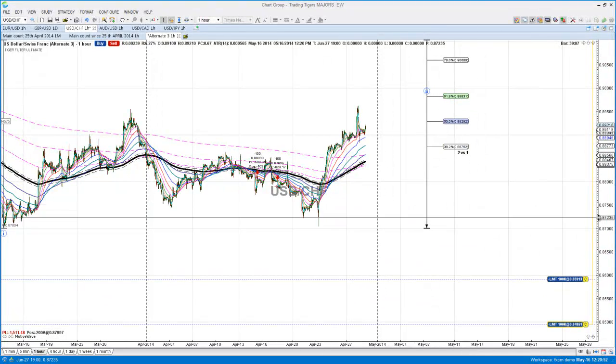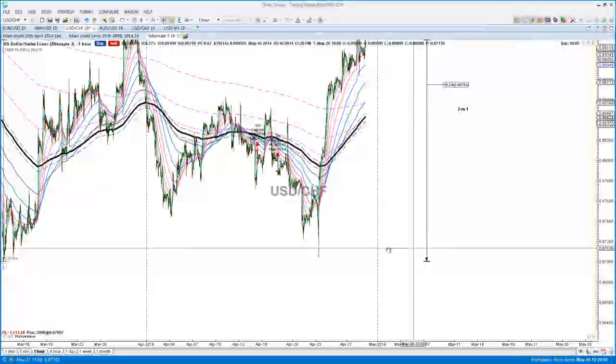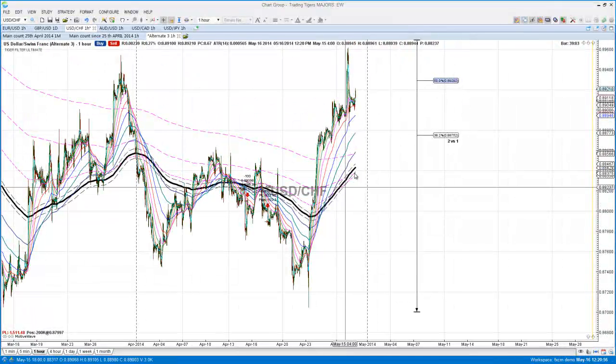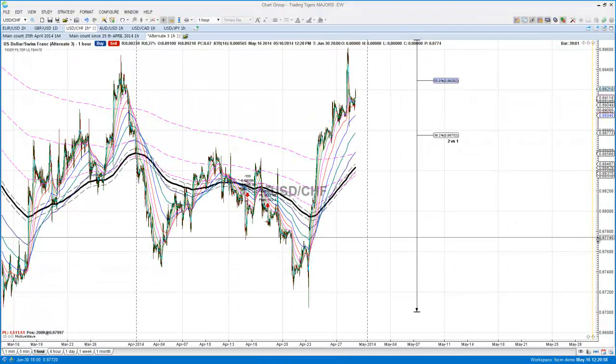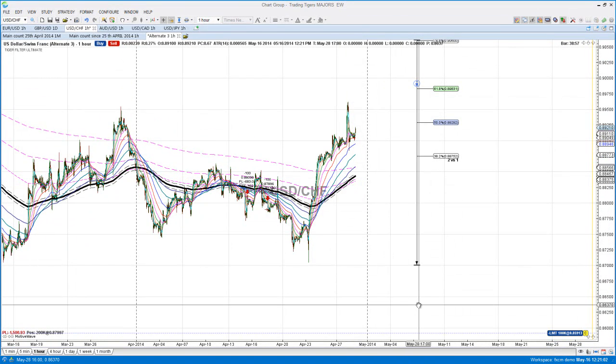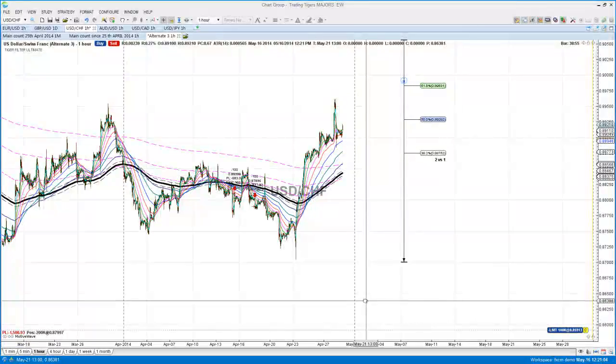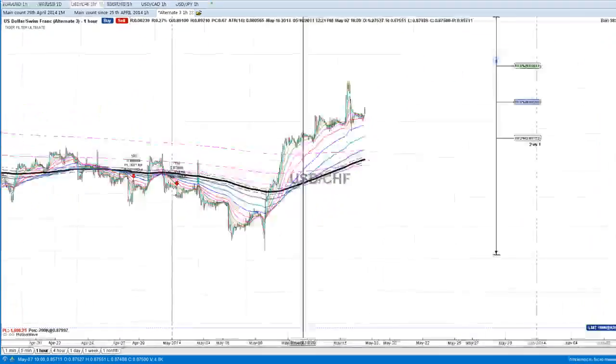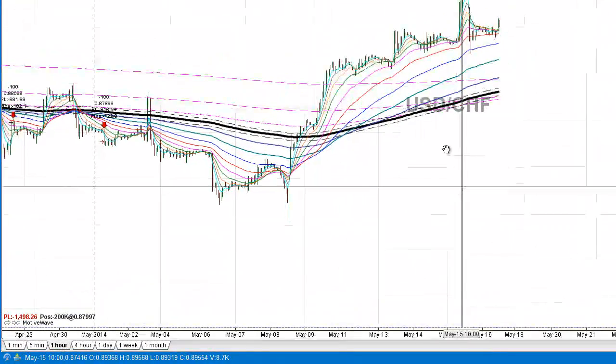So that's how we're looking for that. Probably a cross of this black line, which is our line in the sand for wave 2 to come down for its wave 3. So we had put a few entries in there already, but let's just now move to the next chart, which is the Aussie US dollar.